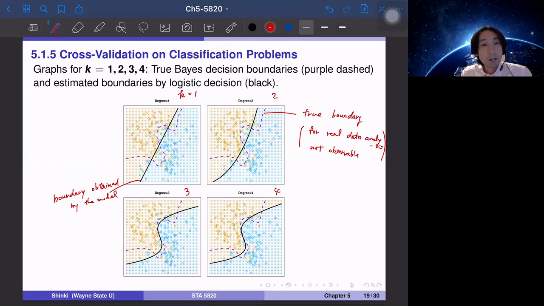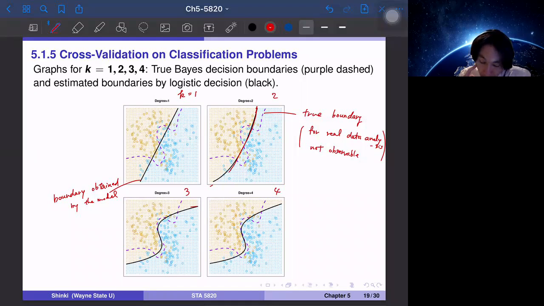Logistic regression with only linear term, so the boundary is linear. So that is a straight line, and for degree two we have a more complicated curve, and degrees 3 and 4 more and more complicated curves.